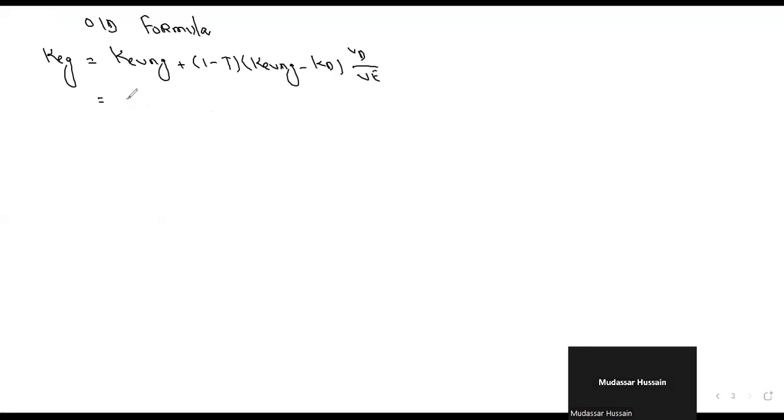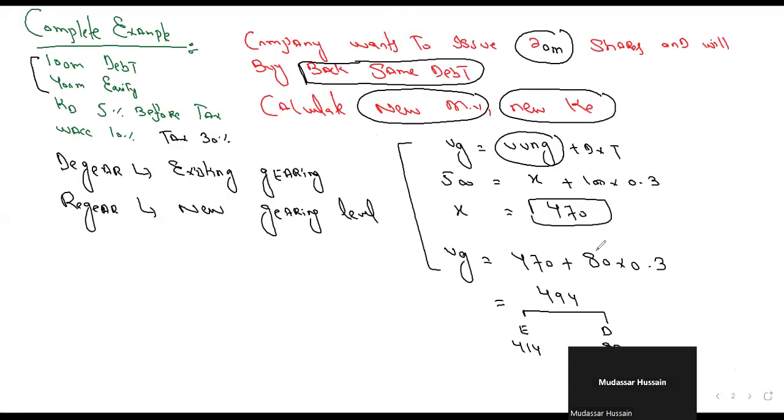Now, this value we have to find. 1 minus 0.30, this was X. The KD was given to you people, 5. Now, as we have to find the ungeared, we will use here the existing gearing level. What was the existing gearing level? The debt was 100, equity was 400.